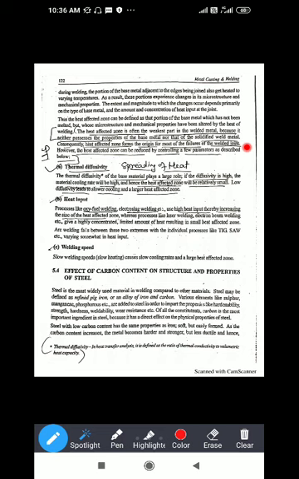The thermal diffusivity of the base material plays an important role. If the diffusivity is high, the material cooling rate will be high, hence the heat affected zone will be relatively small. See, if the heat is not spread over a larger area, automatically the temperature will also be reduced, and the cooling rate will also reduce.